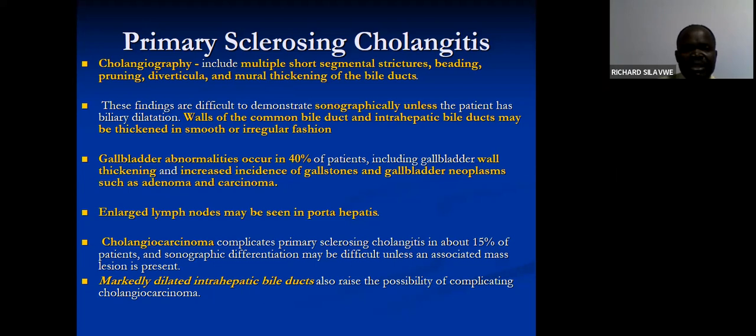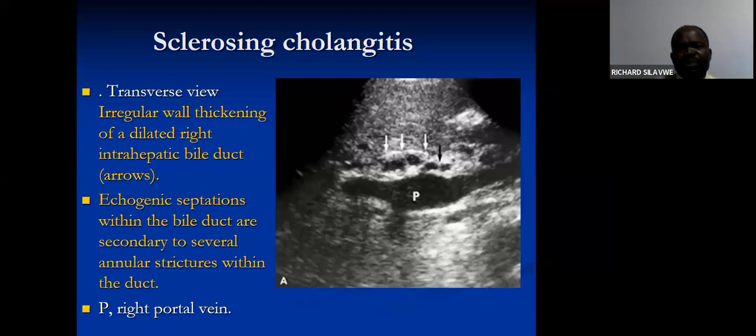I will show you the images on the next slide of what I'm talking about. When you look at this image, you are able to see what we are talking about. You will find irregular wall thickening of a dilated right intrahepatic bile duct, the arrows here.